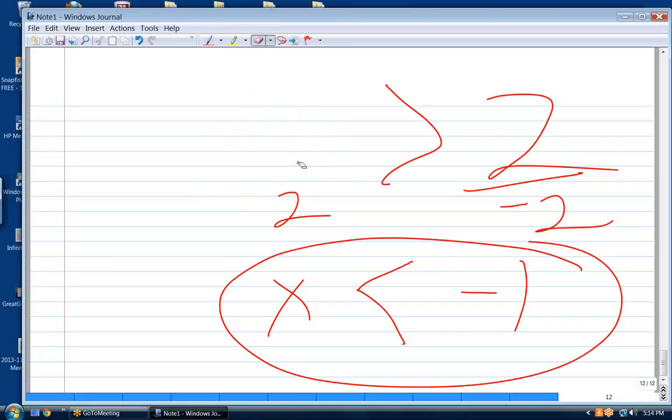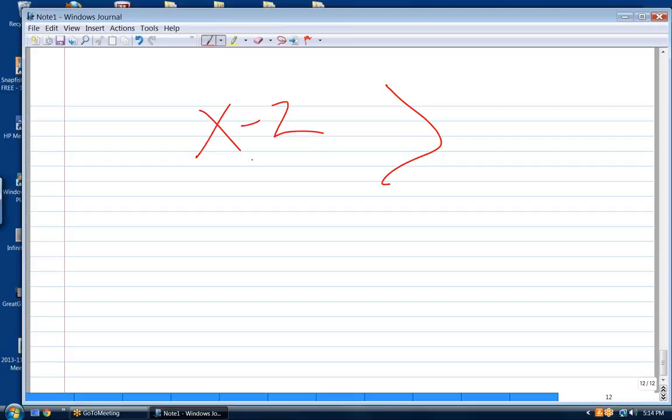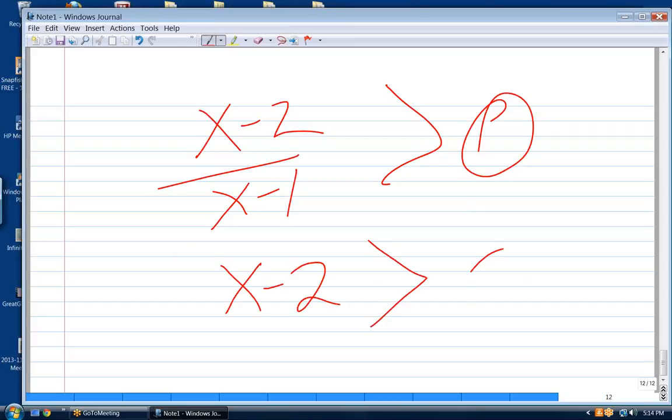And of course, when you have quadratics, it's a lot different. In other words, when I have x minus 2 over x minus 1, notice I cannot multiply both sides by x minus 1. If I did, this problem would reduce to x minus 2 has to be greater than 0, and that's not a true statement.